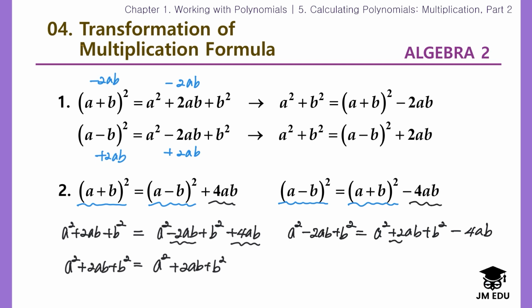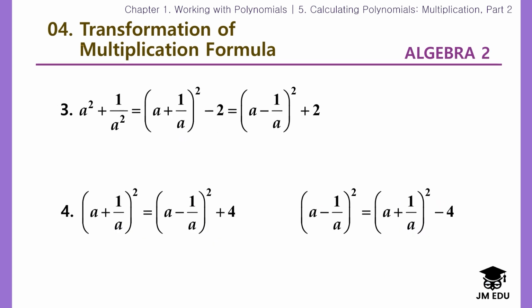So +2ab - 4ab, 2 minus 4, that's minus 2, right? So that is equal to a² - 2ab + b², which is equal to this expression right here, right? Okay, so this expression can be transformed to this expression, and this expression can be transformed to this expression.